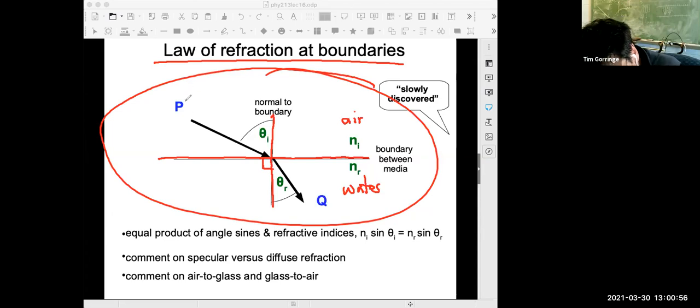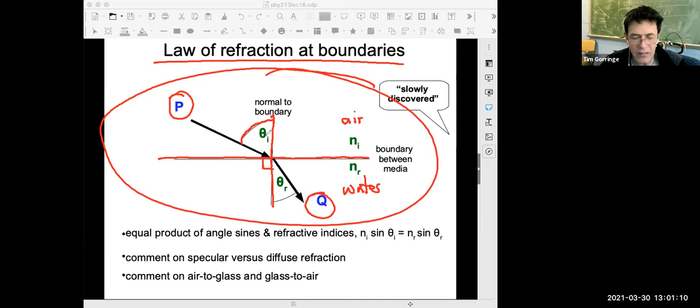So here comes in a light ray from the left, this location P, and it heads down towards this location Q. And this is the direction, theta I, of the incident light ray. And this is the direction with respect to the normal, theta R, of the refracted light ray.